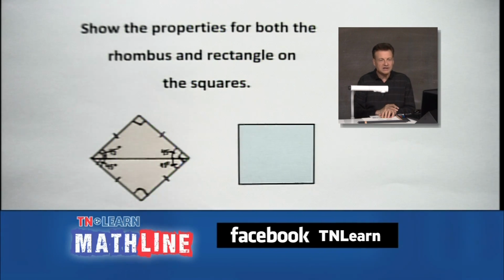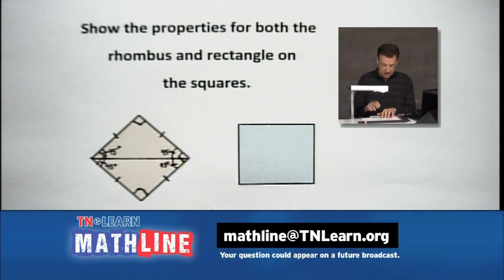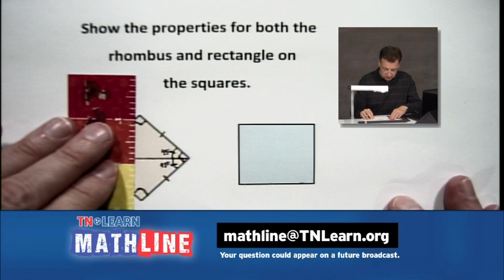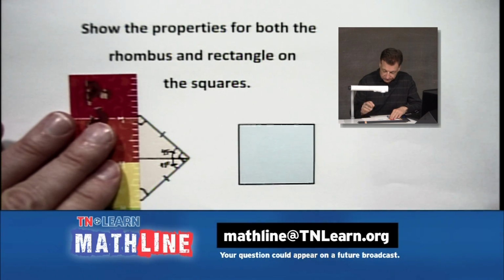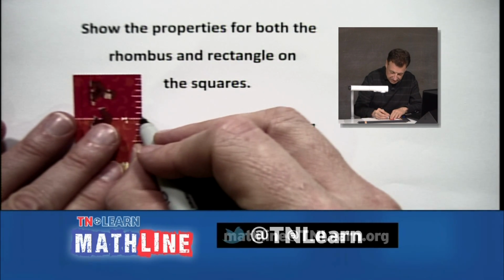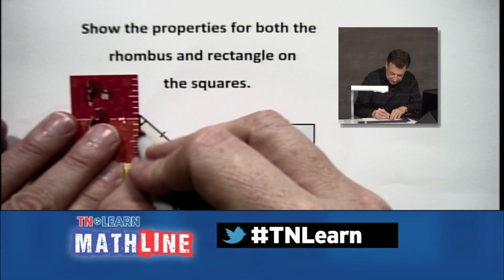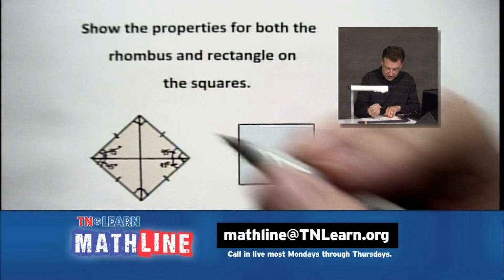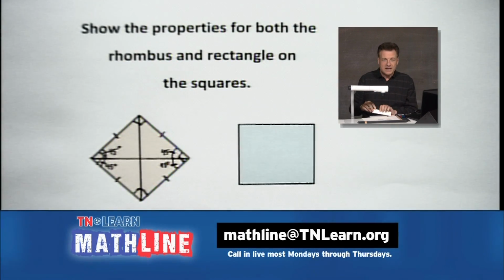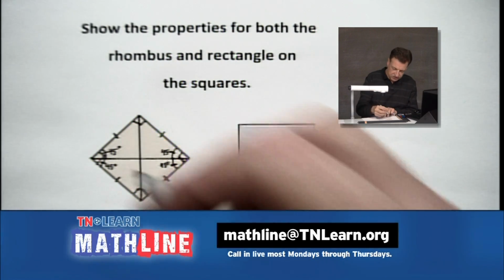Very interesting. And what happens if I draw another diagonal in? Wow, gets intense, doesn't it? So here we go with our rhombus. There we go, connecting it. What do we know about the diagonals of a rhombus, my folks? Yes, they do.